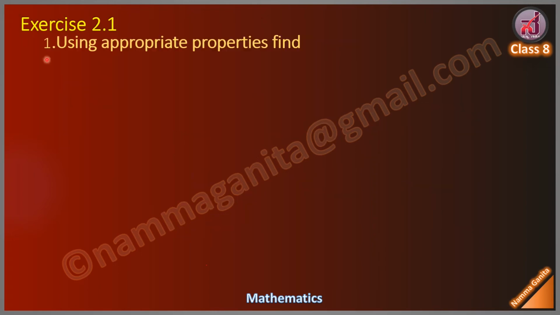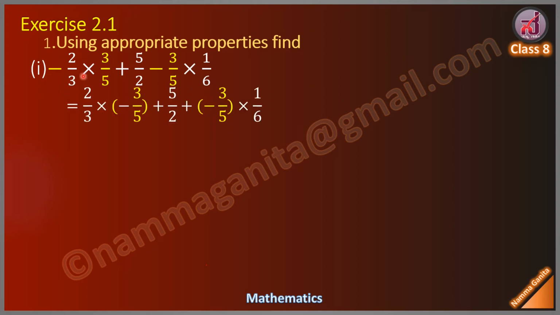Exercise 2.1. First one, using appropriate properties, find minus 2 upon 3 into 3 upon 5 plus 5 upon 2 minus 3 upon 5 into 1 upon 6. Observe this problem carefully. Here, minus 2 upon 3 into 3 upon 5 is same as 2 upon 3 into minus 3 upon 5.